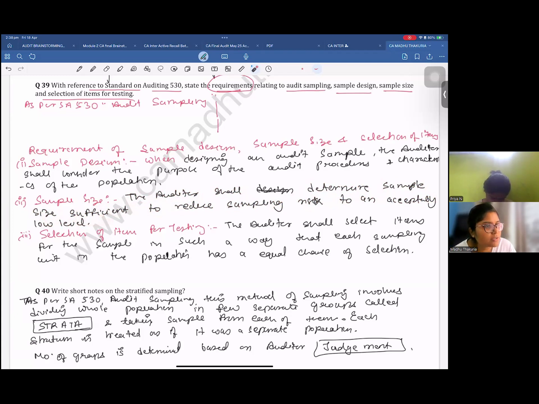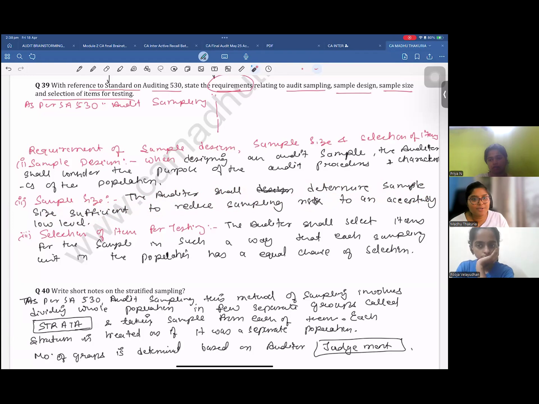Now, you tell me what is the meaning of sampling risk? Priya, what is the meaning of sampling risk? The risk that the sample may not represent the whole population. But how does it become an auditor risk?